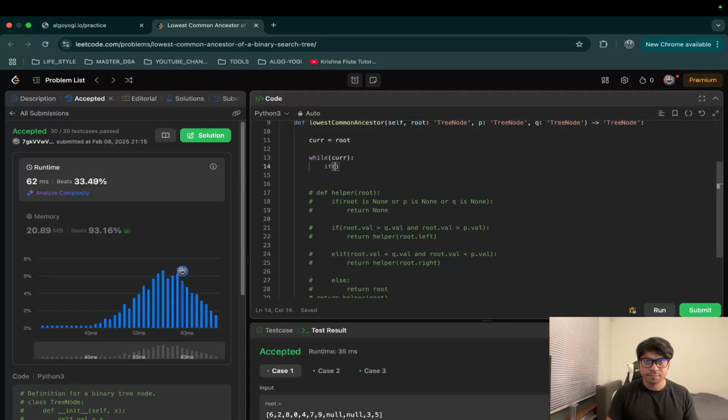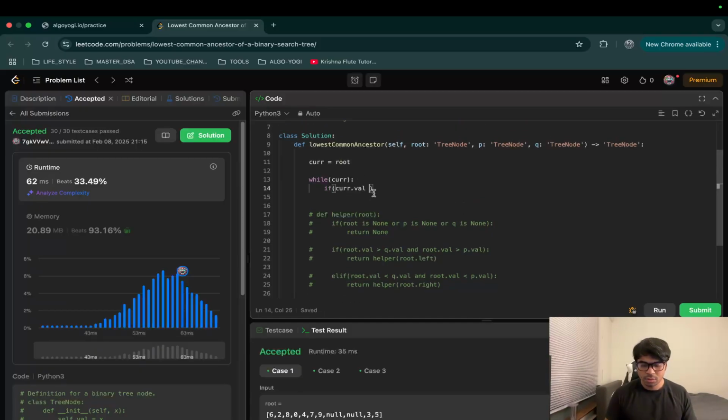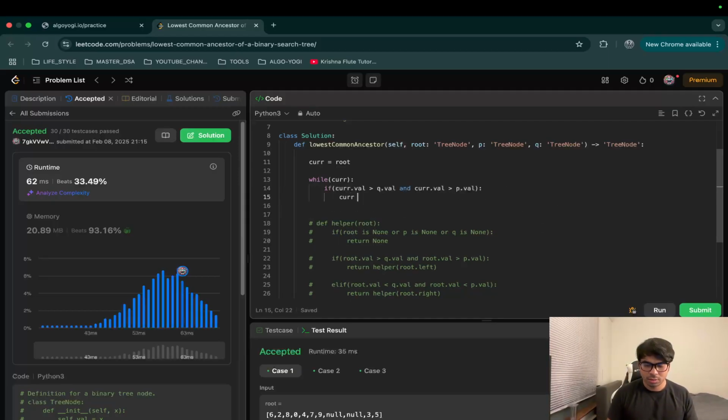So if cur dot val is greater than q dot val and cur dot val is greater than p dot val, then my cur is cur dot left.